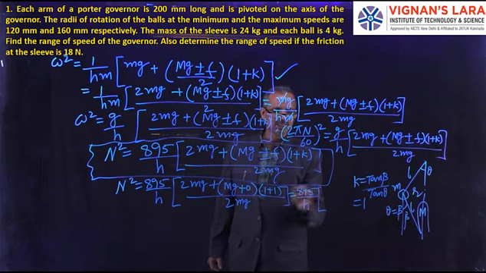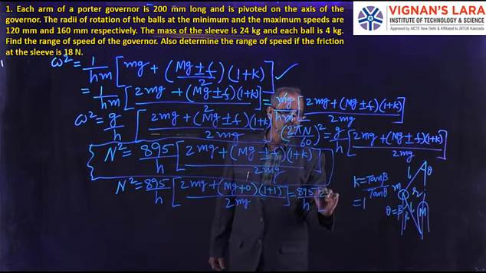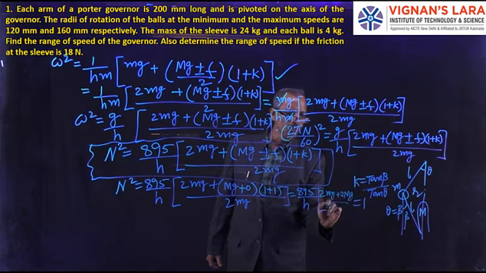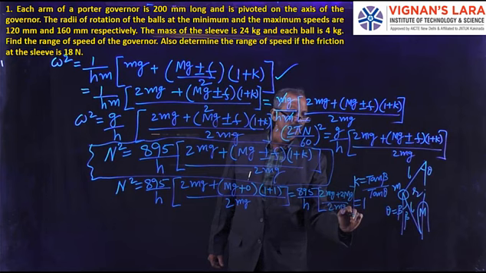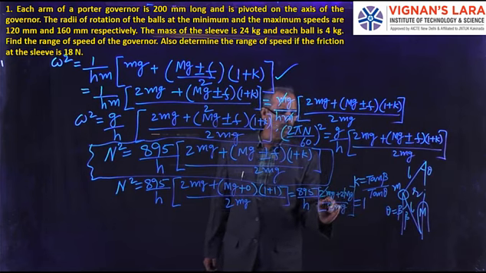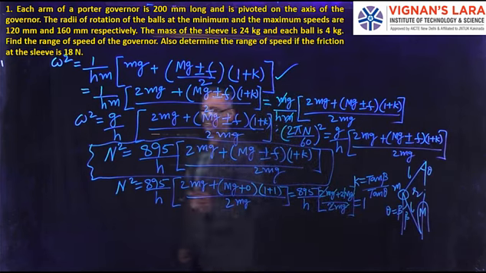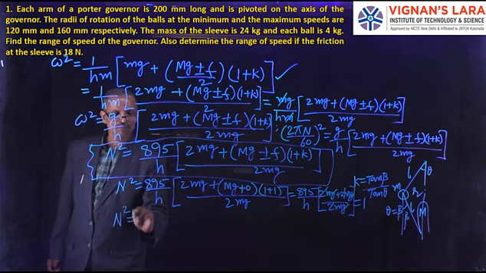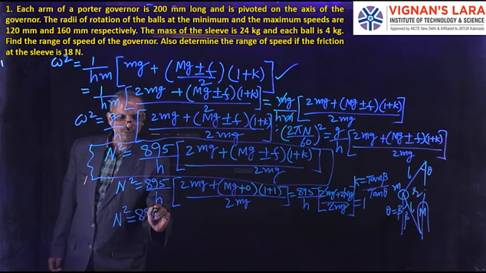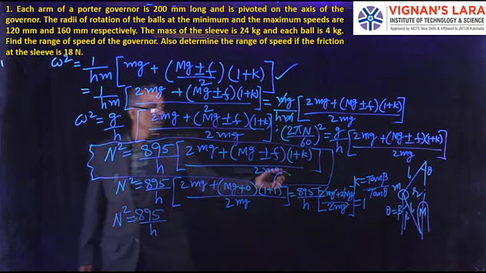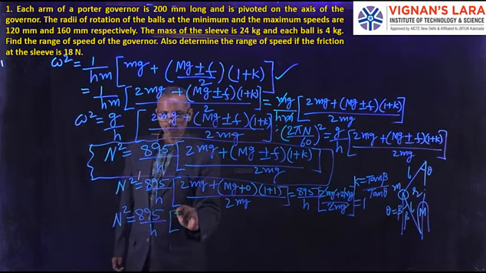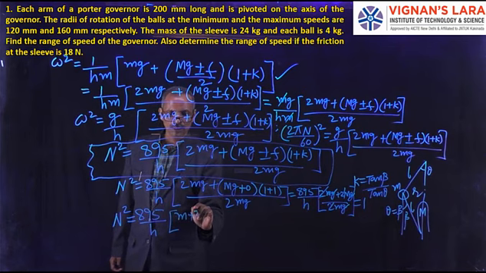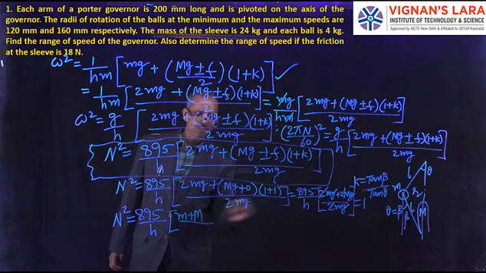So the 2 and Z get cancelled, and then simply n square is equal to 895 by h into (small m plus capital M) by small m.